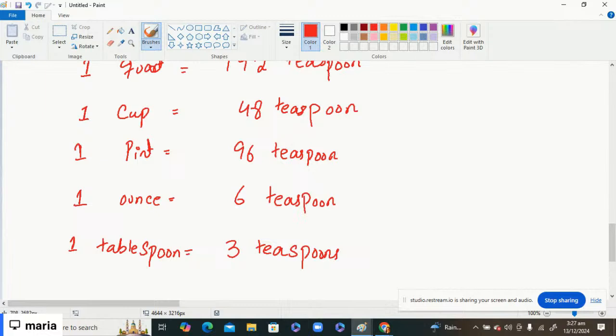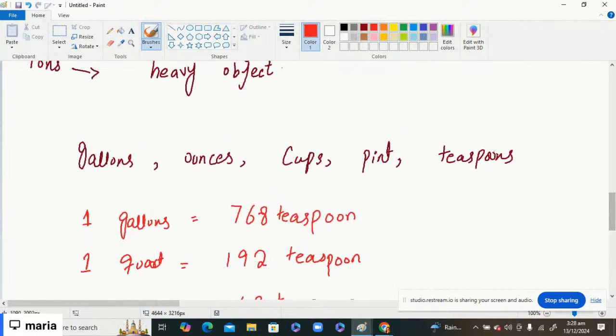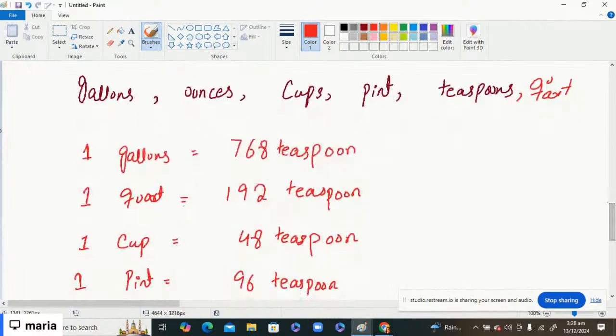You can say that, for example, a gallon of oil and a gallon of water have different weights. Okay, the oil weight and the water weight are different, even if they fit in the same containers. All right. So these are basically the things we are going to find by using the volume. This is also the quart. These are the customary units of volume, sorry.